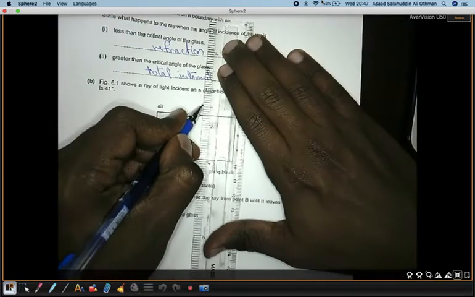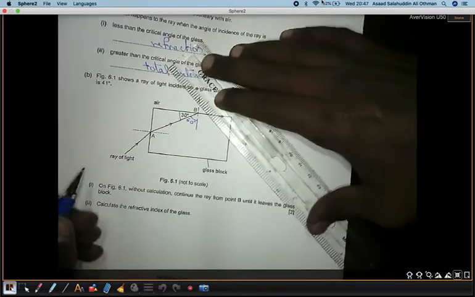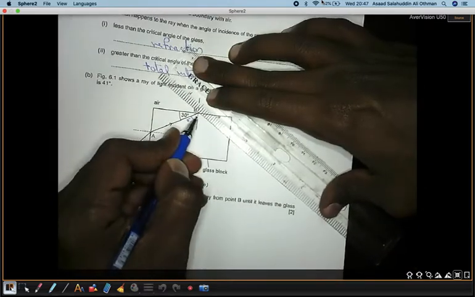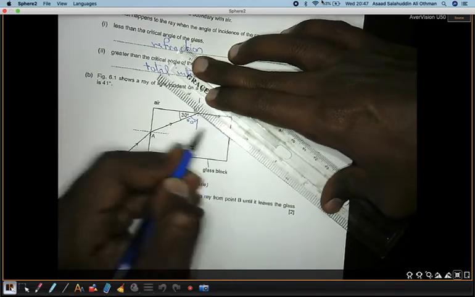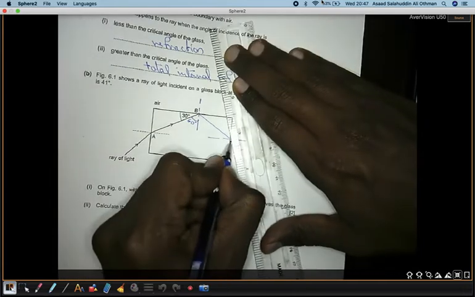The critical angle is 41. When I draw a normal, this angle is 60. It's greater than 41, so total internal reflection takes place. But when it reaches this, it would refract away from the normal.